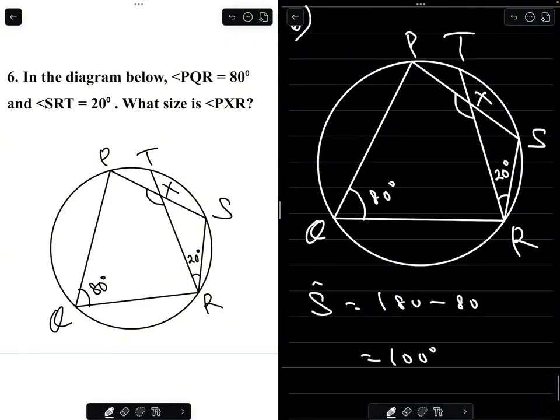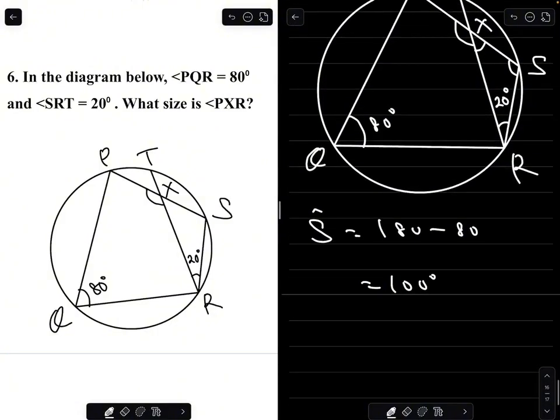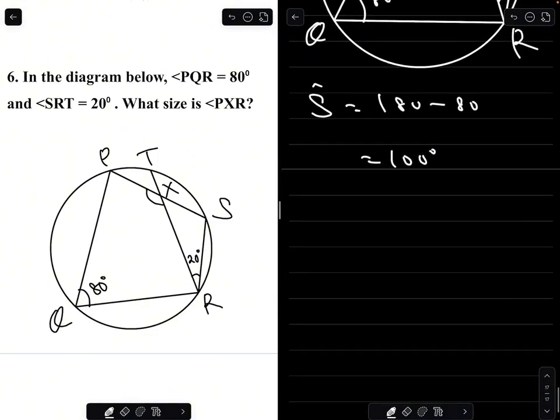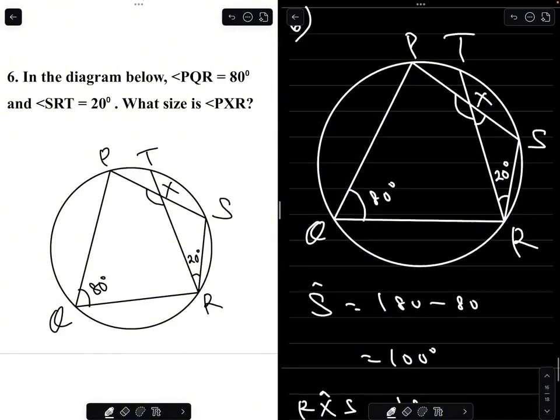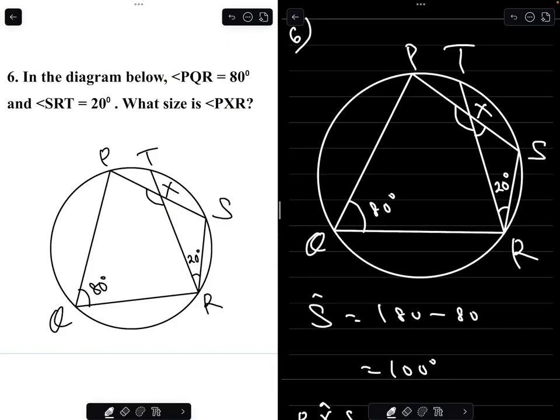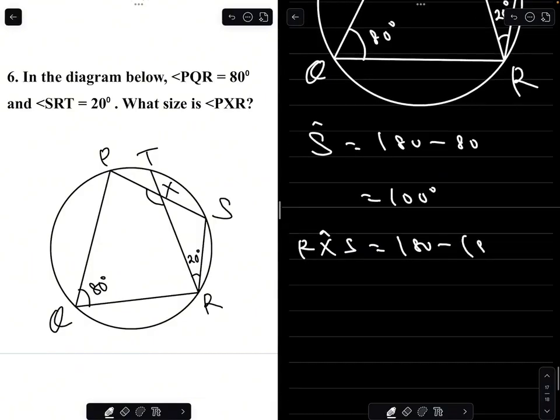Now, if this angle is 100 degrees, then I can find this small angle. I can now say angle RSX plus angle RXS plus this angle is 180 degrees. So angle RXS is equal to 180 minus 80 plus 20.